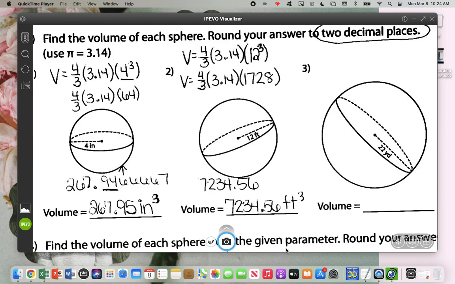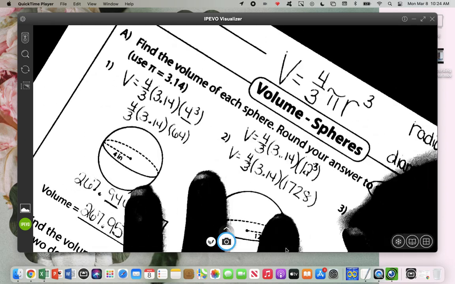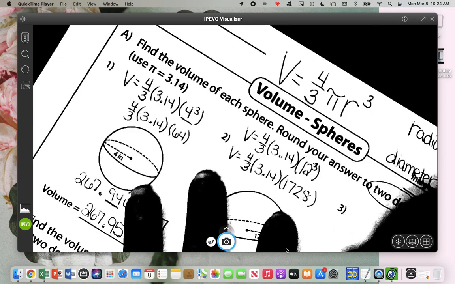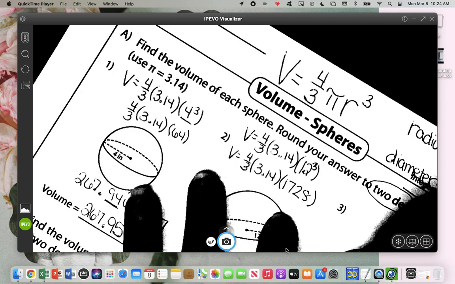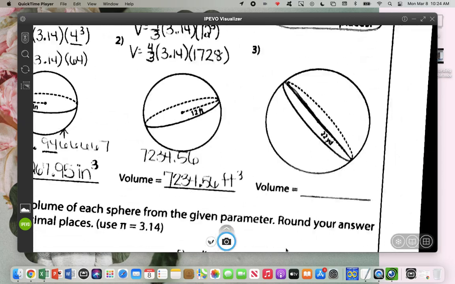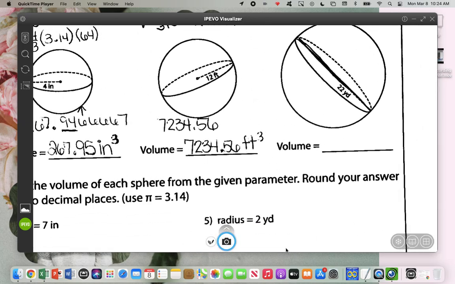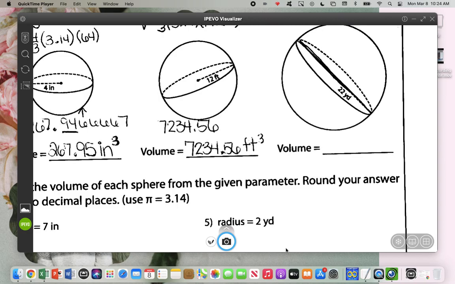All right, now, do you guys remember when I said we're going to make some changes? We are actually going to pretend like that line went all the way across and not just halfway. So in this case, if the entire length of the circle is 22 yards, am I going to plug 22 in? All right, so 22, is that a radius or a diameter if we draw a line all the way across?